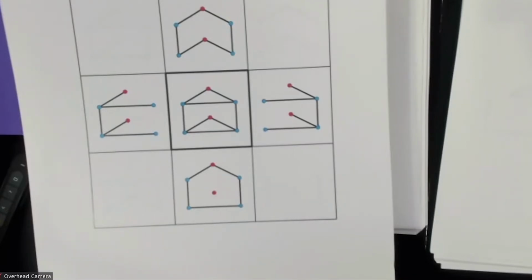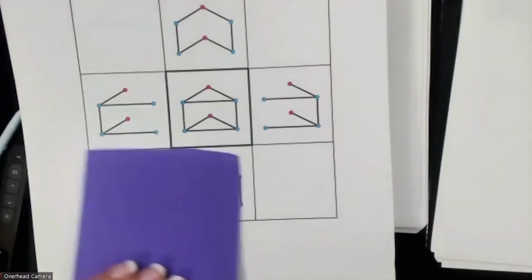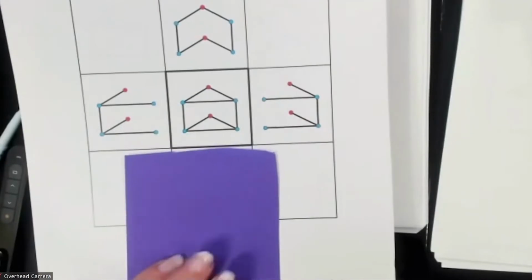If we're going on a trip, we pack our bags one way for a warm climate and another way for a cold climate. So we want to prepare the individual by looking at this sheet, this exercise, first, and we talk about the fact that in the middle is a completed shape.